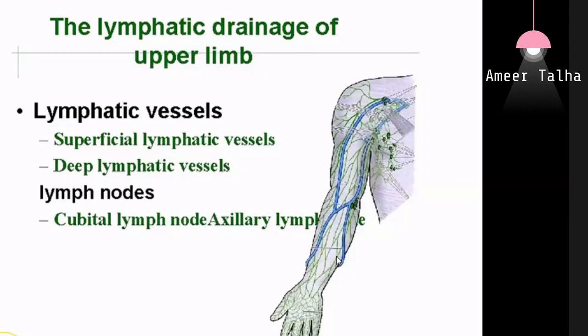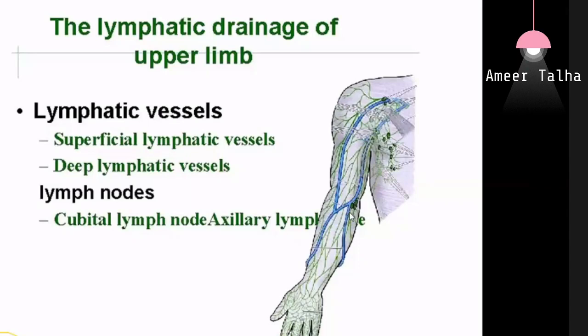Along the medial side there is a small difference. The lymphatic drainage from the medial aspect ascends, and some of the lymphatic vessels would first relay in a small group of lymph nodes present above the cubital fossa, the supratrochlear lymph nodes.